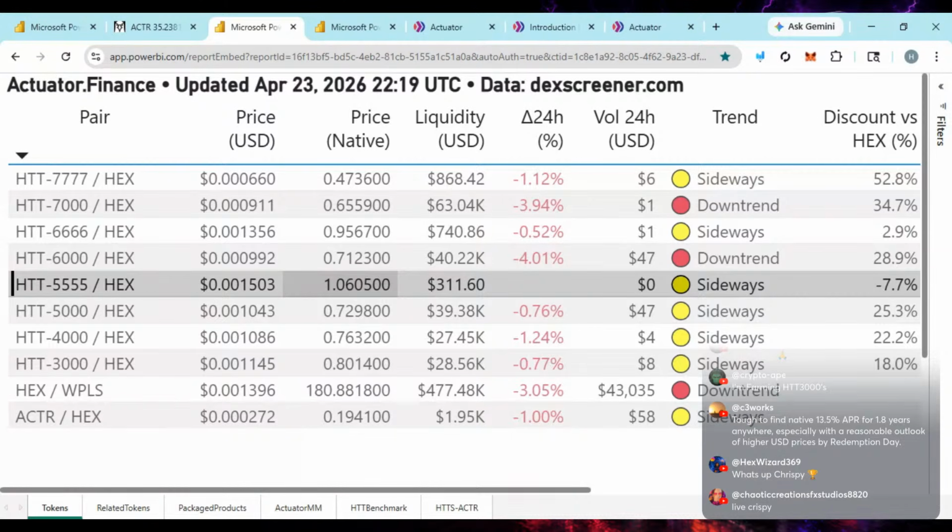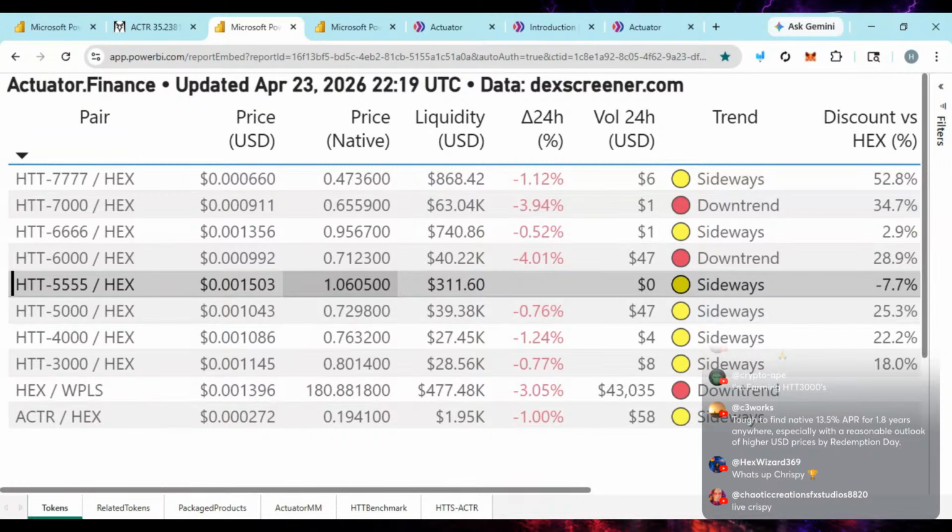So effectively they could do something that we call amplification. I haven't run the numbers on this, but let's just say the current liquidity can handle a 10,000 HEX stake, 10,000 HEX being traded through it, and therefore it can handle 10,000 HTT 5555s.